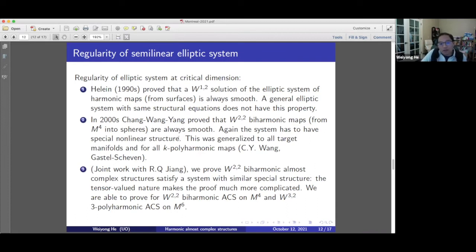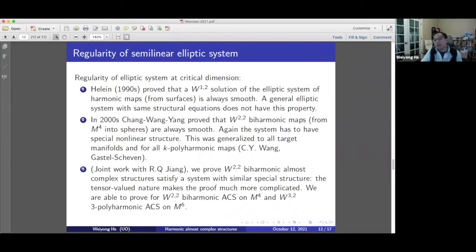So we found that we have a similar structure equation as in Zhang, Wang, Yang's paper. And then we have to use the method or language of Lorentz spaces, and very special structures like this, to prove that. And then we prove that W^{2,2} biharmonic almost complex structures in dimension 4 are always smooth. And in dimension 6, we can prove that W^{3,2} 3-polyharmonic almost complex structures are also smooth.